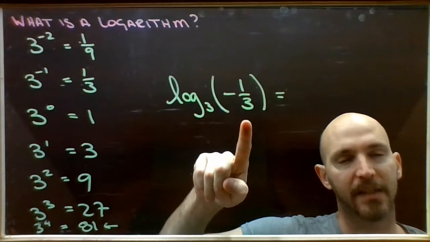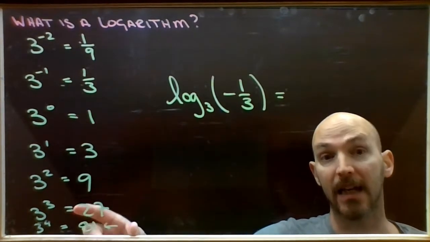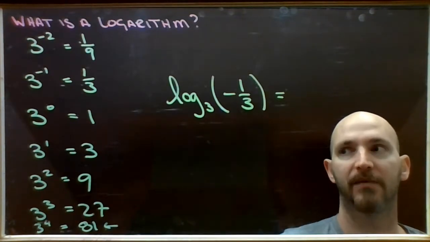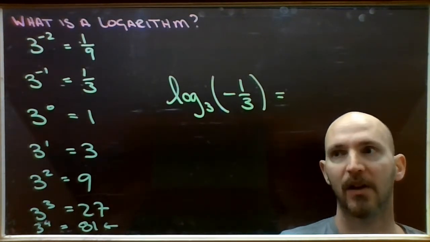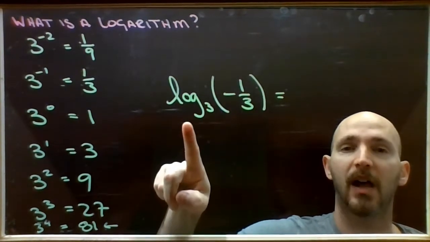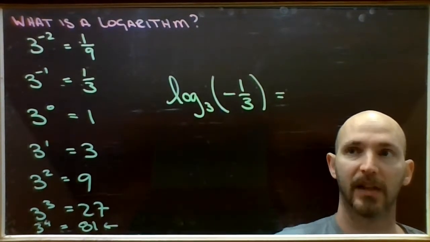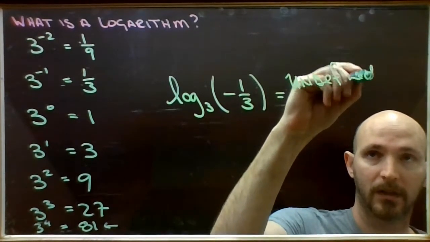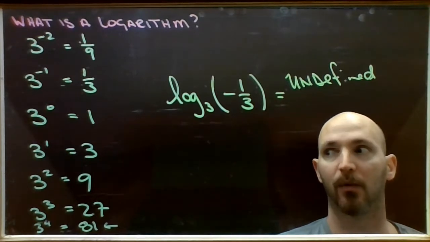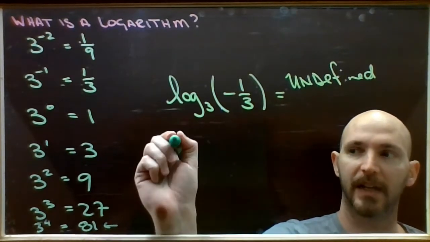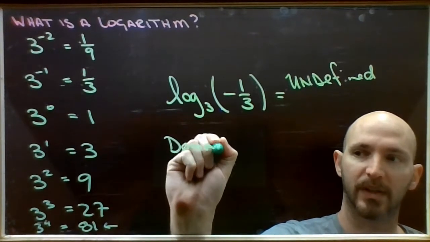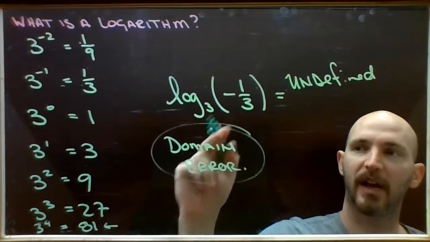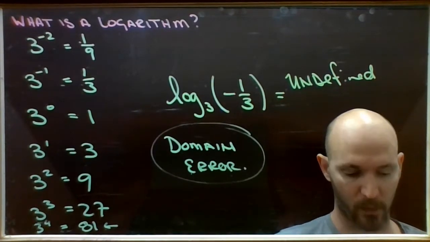So if I go hunting for negative numbers in these lists in order to convert to the appropriate exponent, there are no negative numbers in these lists. So applying a logarithm to a negative is undefined. It'll pop up on your calculator as error 1 or error 2. We call that a domain error, which we'll get to later, because you've tried to shove a number in there that the function just can't work on.